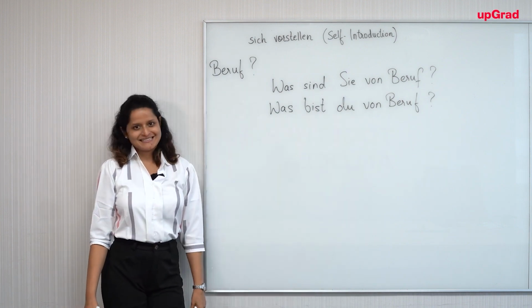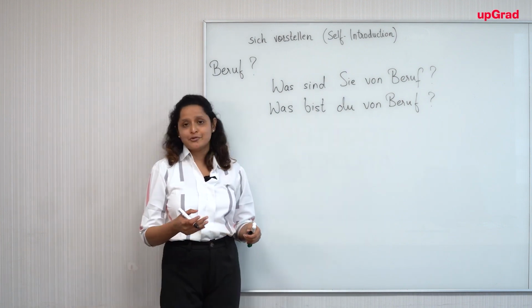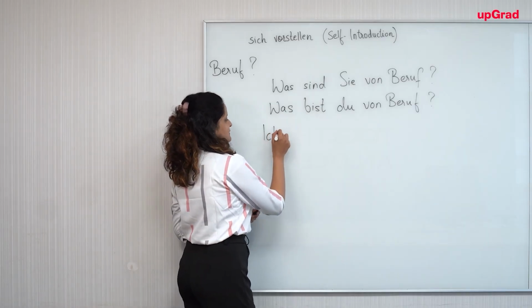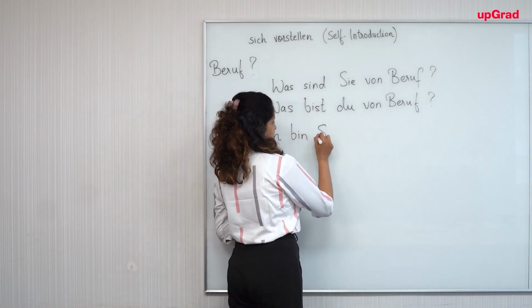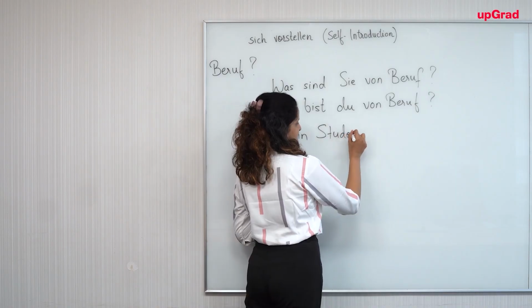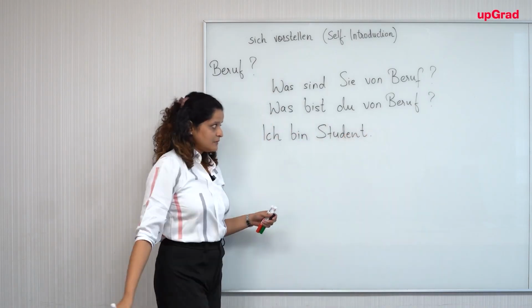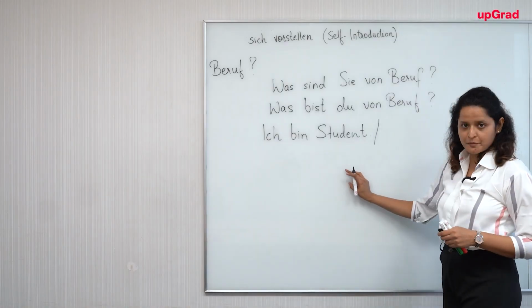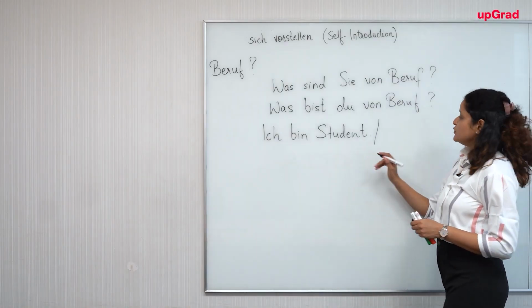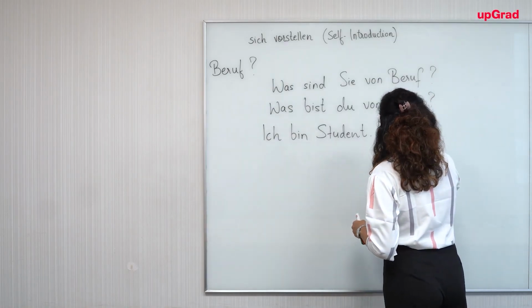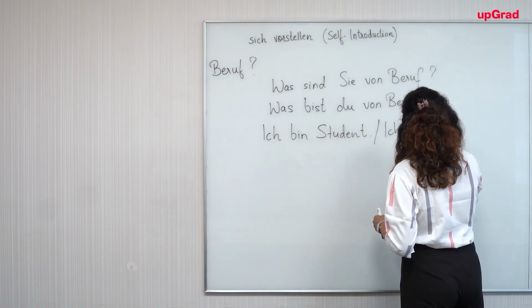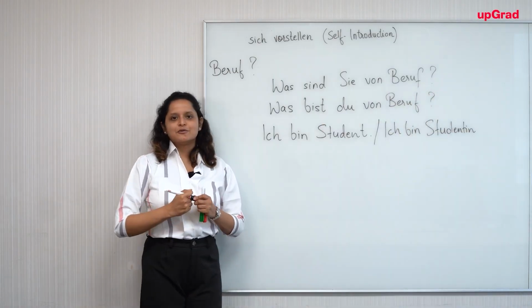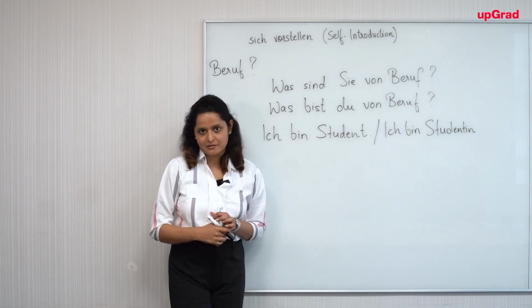So here you can state your profession. If you are a student, you can answer this by saying, ich bin Student. Or if you are a woman or a girl, you can answer this by saying, ich bin Studentin. As we know, all nouns have genders.